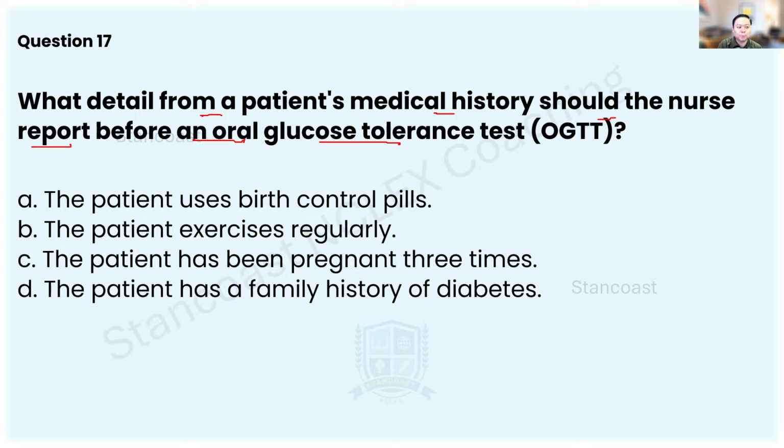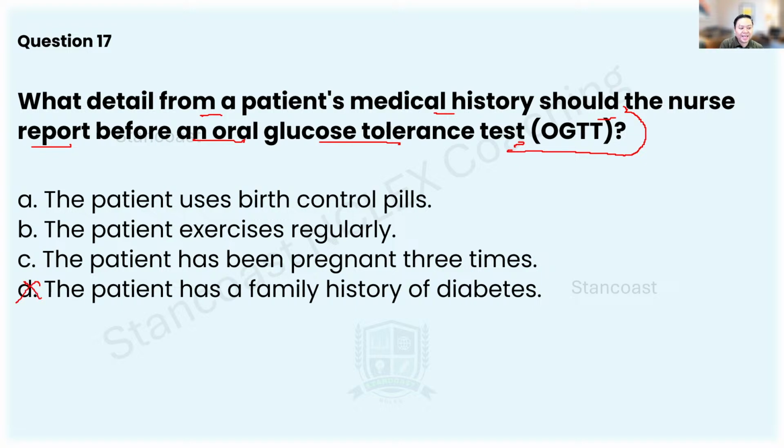But then again, we are asked about the possibility of maybe an interference, maybe a false high or a false low reading. That's what this question is asking. Okay. We are going to identify if the OGTT would be accurate if they are having that kind of lifestyle. So what would that be?